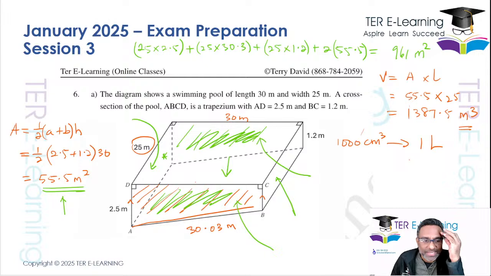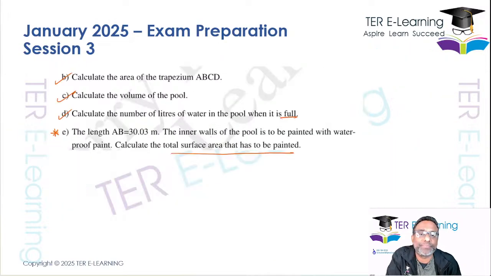Anybody from my class actually worked out the area? Yeah, again 961 too. That's something. You all have a good point.